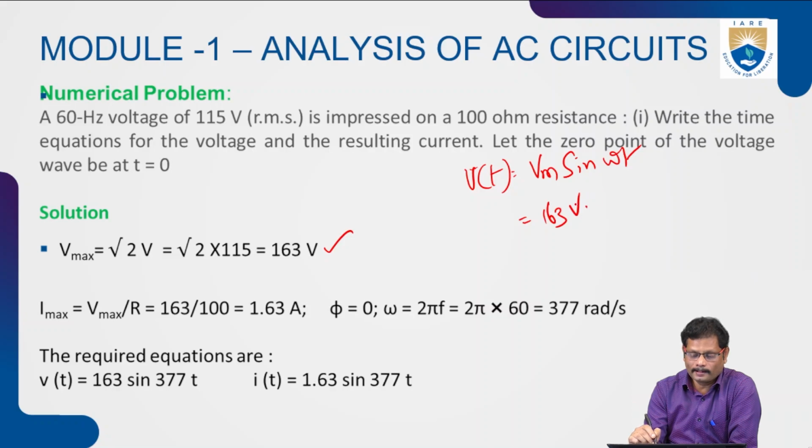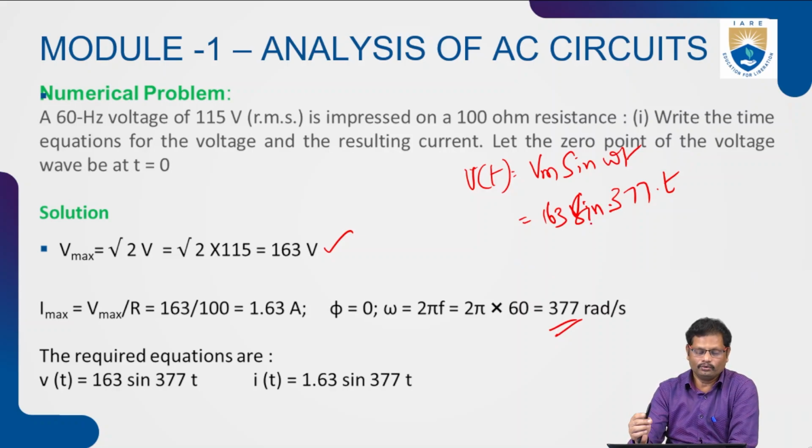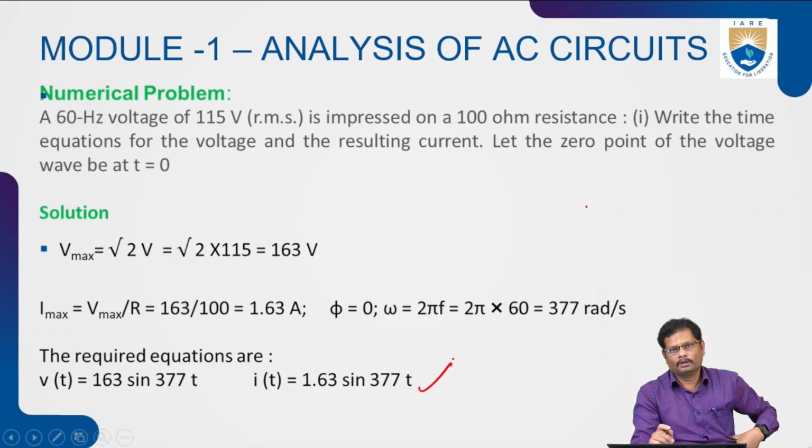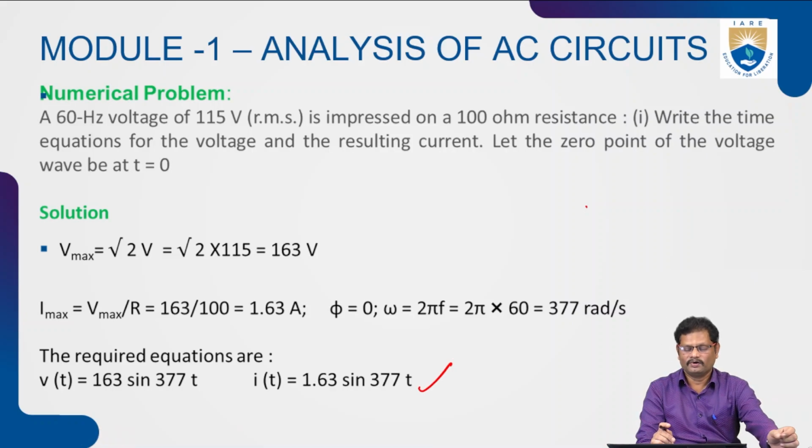So V of t is 163 sin 377 t. And I of t, similarly, Im value we know is 1.63 amps, and I of t is nothing but 1.63 sin 377 t.